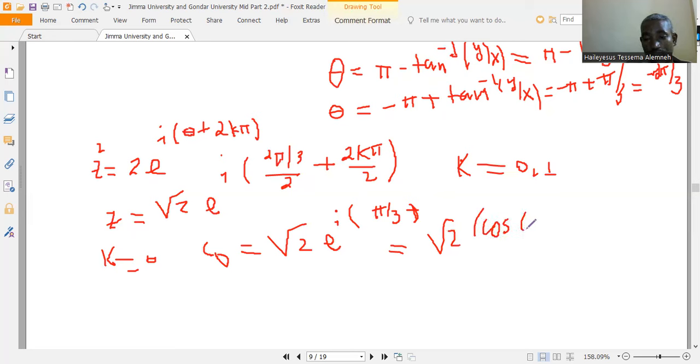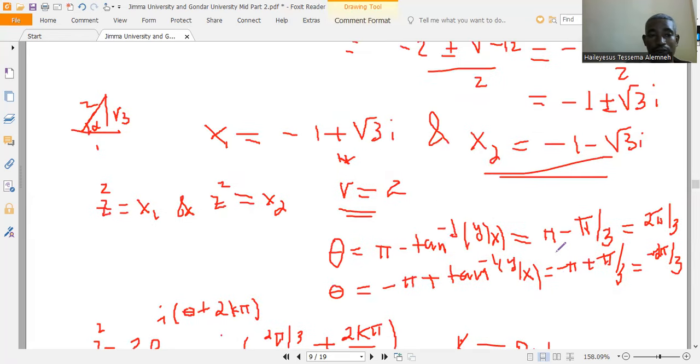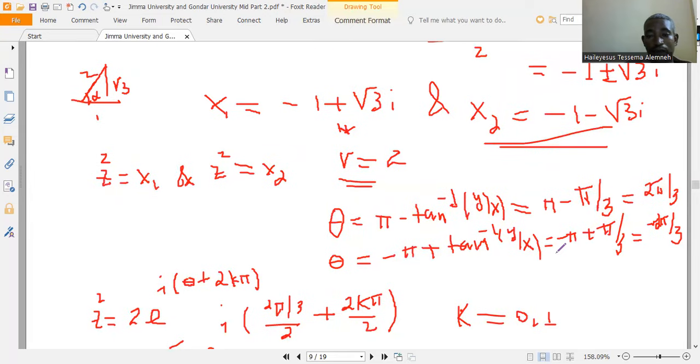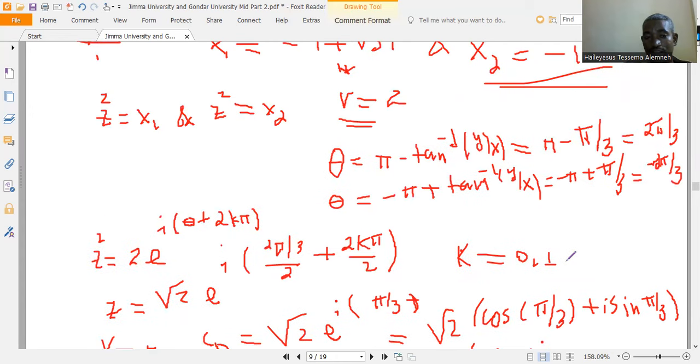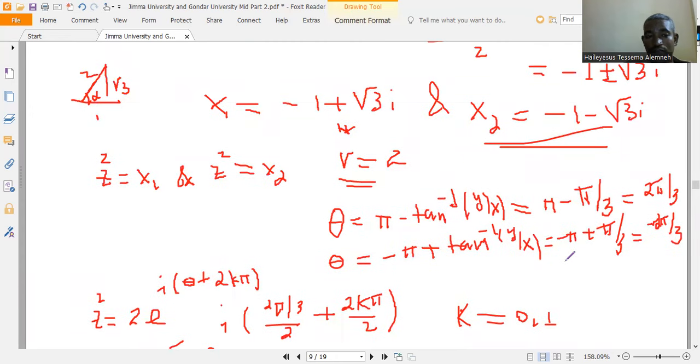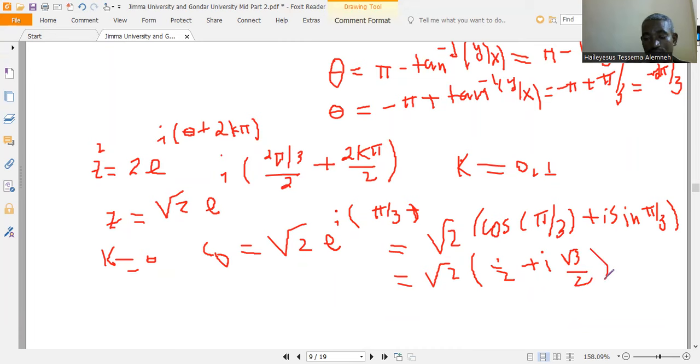Cos pi over 3 is 1 over 2, plus i times sin pi over 3, which is radical 3 over 2.